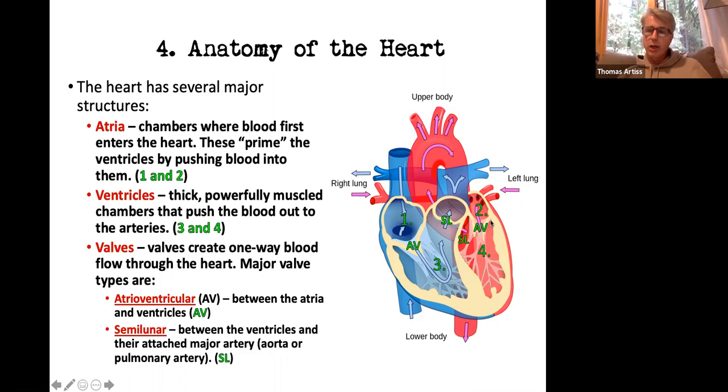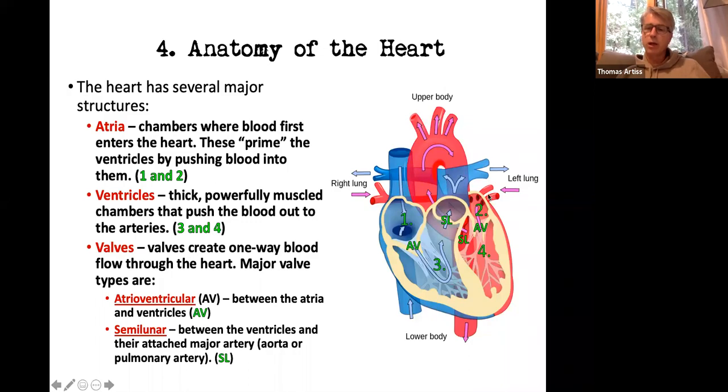There are names for each of these valves, but essentially all I care about is that you know that there are 2 basic sets of valves. 2 prevent blood from flowing back into the atria. These are called atrioventricular valves. So blood in the right atrium will be squeezed from that atrium into the ventricle below it, and the atrioventricular valve on the right-hand side would snap closed.